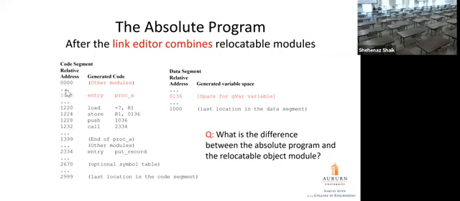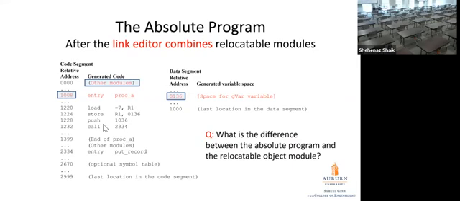Over here again, what we have as a result, after the linker adds those additional libraries or modules that are being referred to, are the logical addresses, or the relocatable addresses.